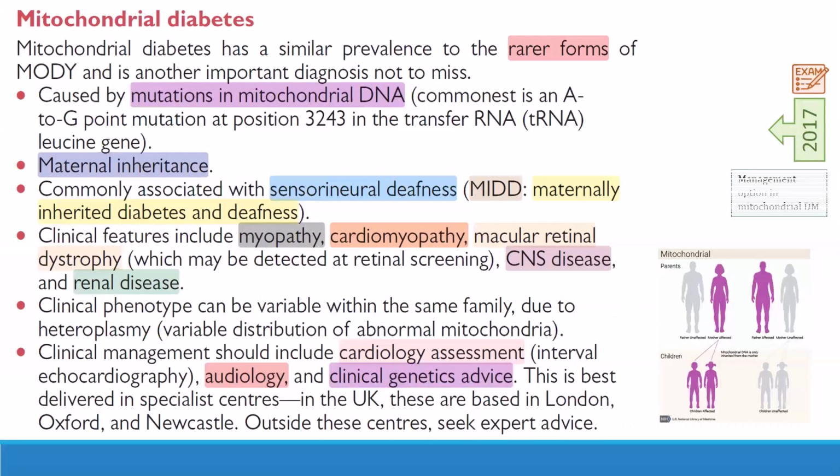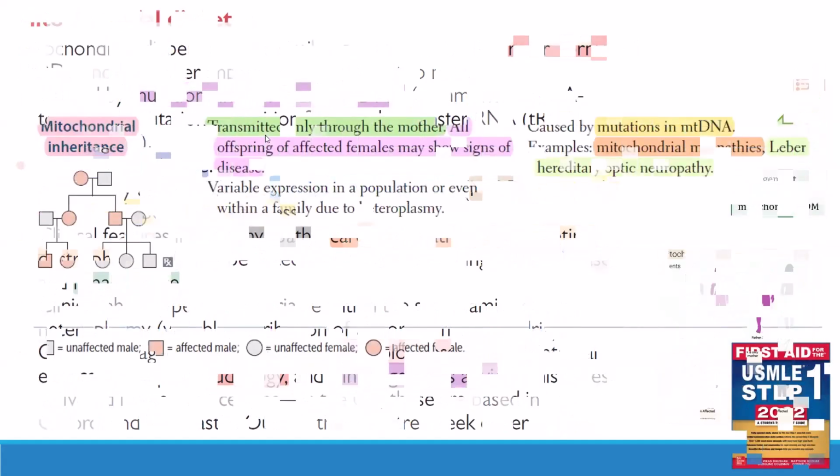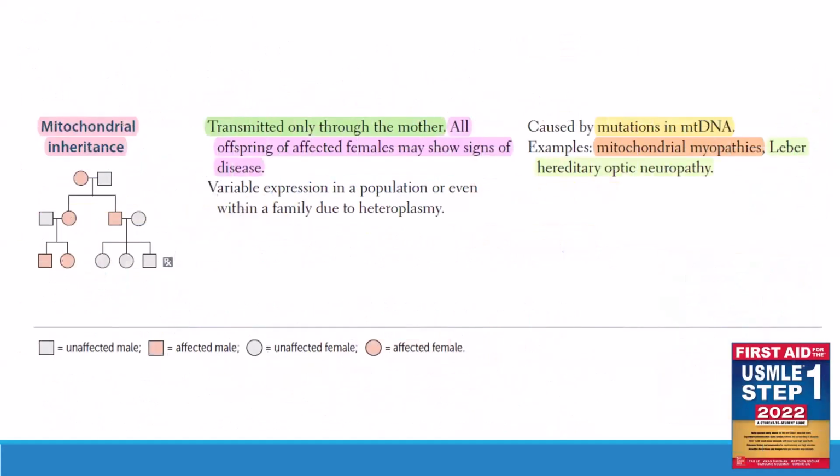Don't forget that audiology assessment is one of the cornerstones in the management of mitochondrial diabetes mellitus, and it should also be diagnosed by genetic testing if we suspect this. And another very important point: it is usually treated by insulin therapy.